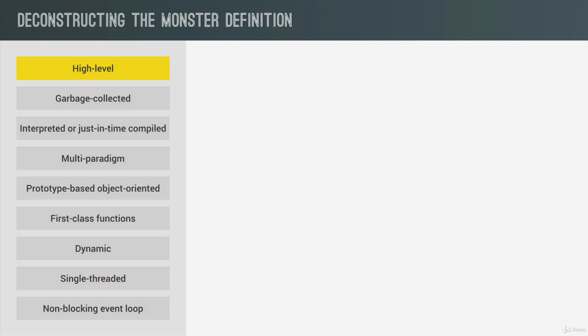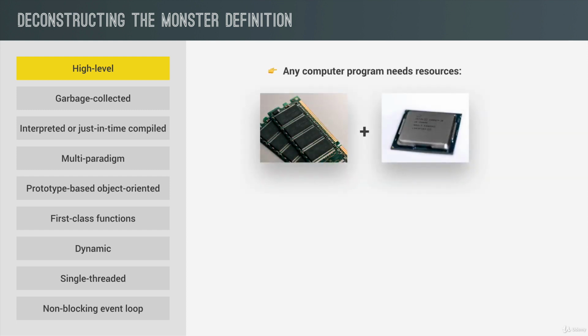And starting with the high-level part, as you might already know, every program that runs on your computer needs some hardware resources, such as memory and a CPU, to do its work. Now, there are low-level languages, such as C, where you have to manually manage these resources. For example, asking the computer for memory to create a new variable.